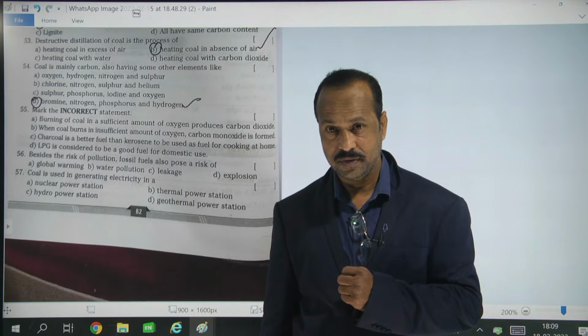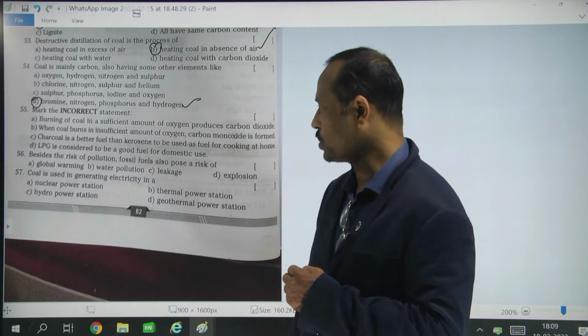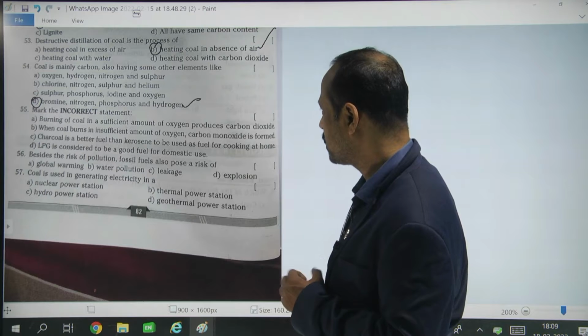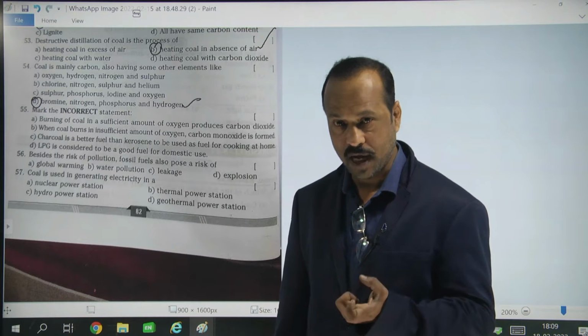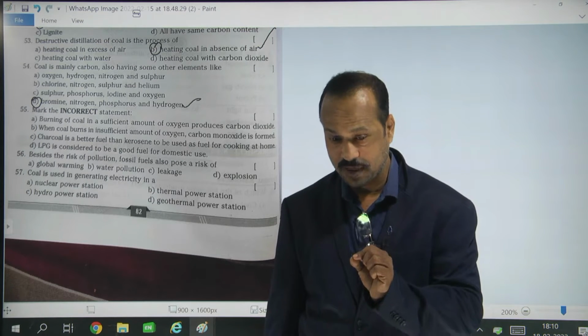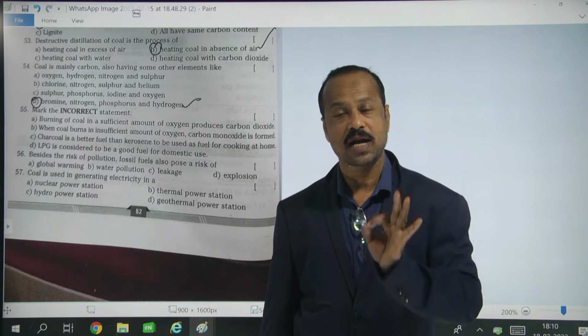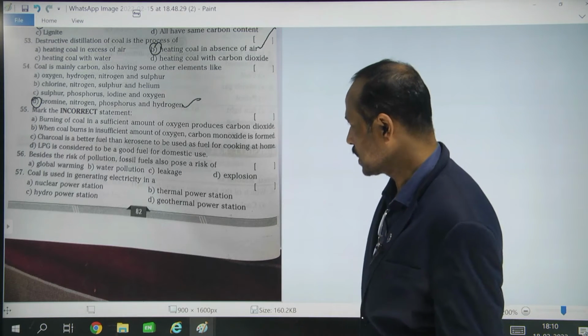Yes, this is also correct. Carbon monoxide is poisonous, whereas carbon dioxide is not poisonous. So this is also correct.